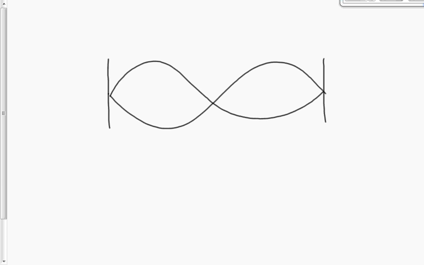This would be the second one. Remember yesterday we saw one bump in the middle for the first one at 4 hertz. Then at 8 hertz we saw 2 bumps. This is the 2 antinode standing wave, the second standing wave that could be set up, the second resonant frequency that causes standing waves.